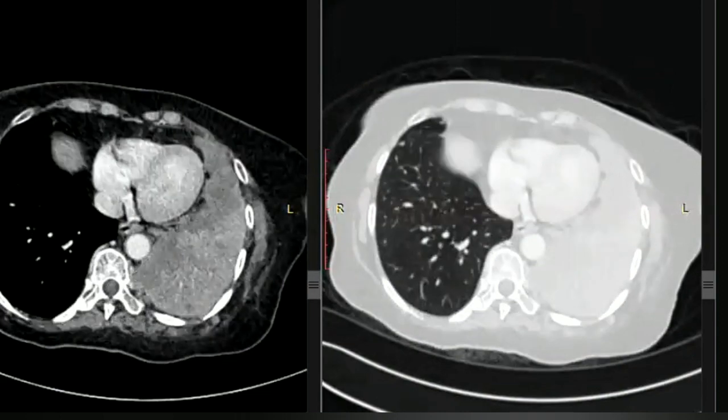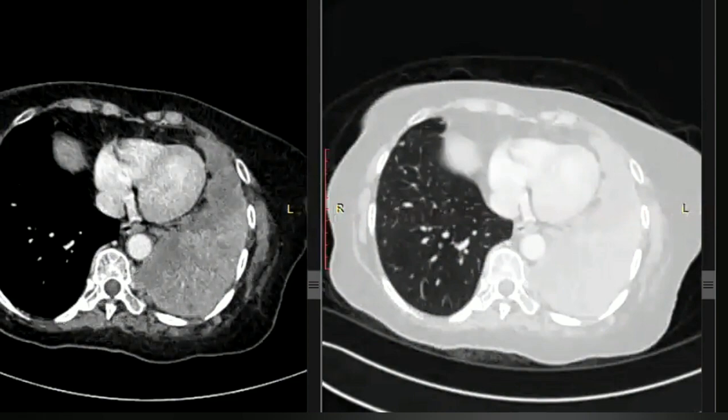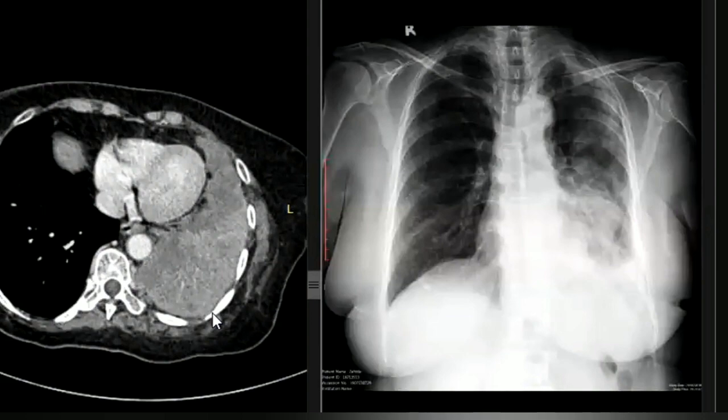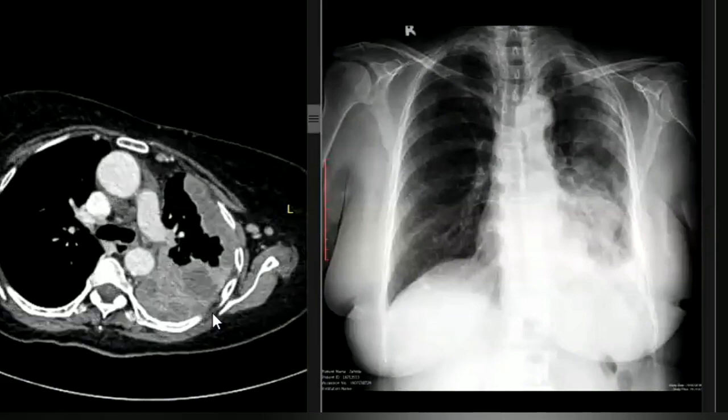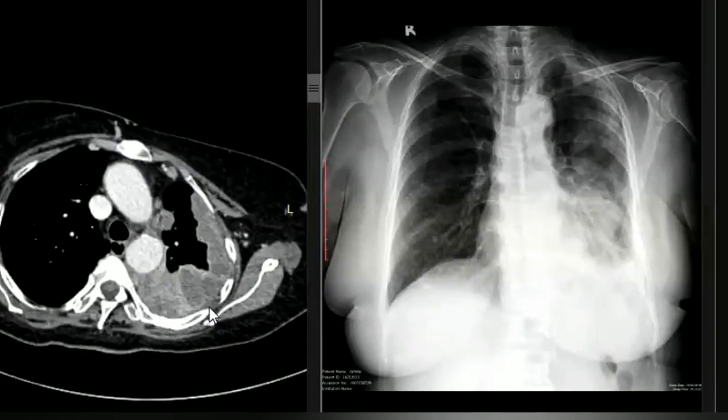It has calcified plaques. It has nodular margins, inner nodular margins, and the involvement of the mediastinal pleura indicates malignancy. And what is your top differential for this case?